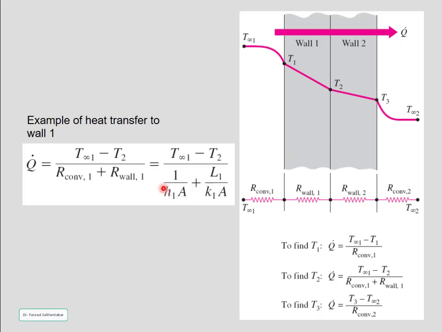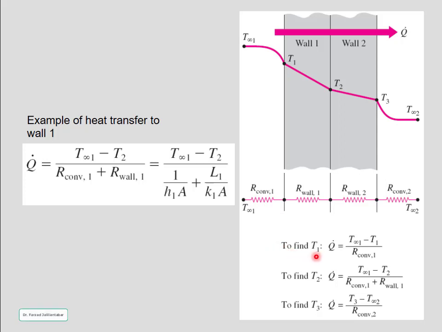Then by substituting the values for these two thermal resistances in the equation, we will have this equation. By rearrangement, we can find T2.